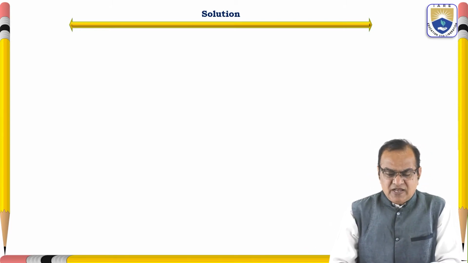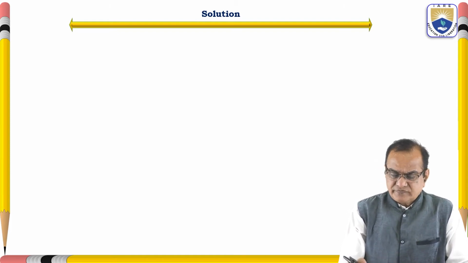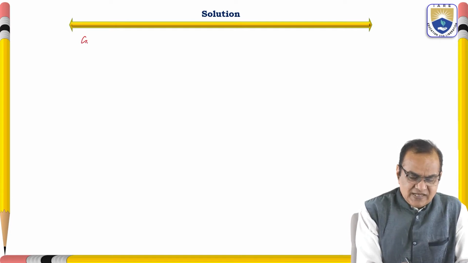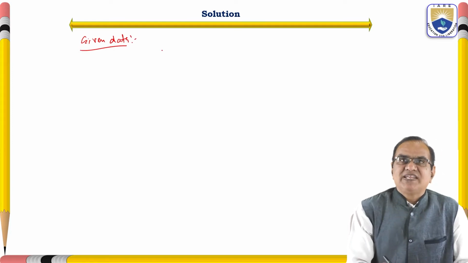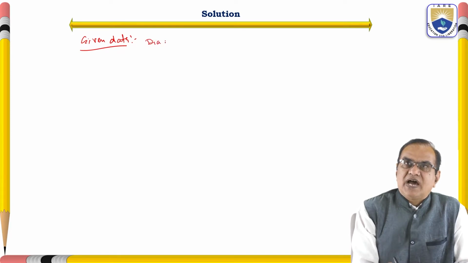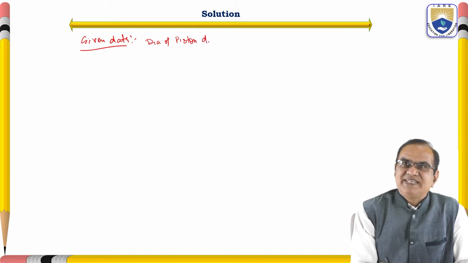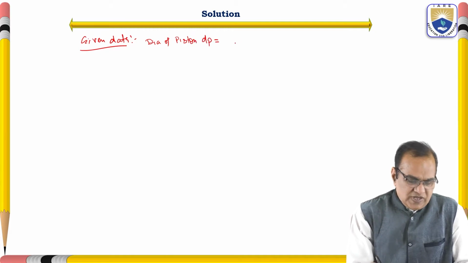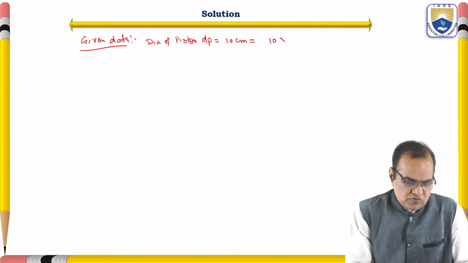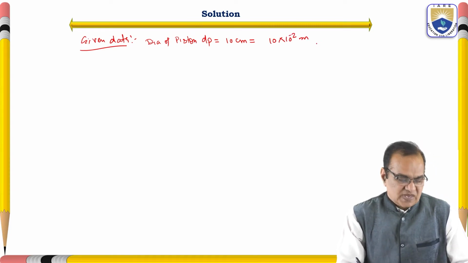So here we can find the given data, what parameters are given here. The diameter of the piston, dp, is equal to 10 centimeter. We can make it 10 into 10 to the power minus 2 meter.